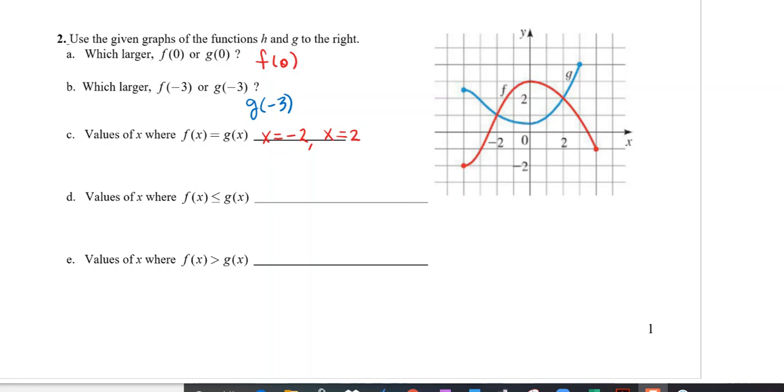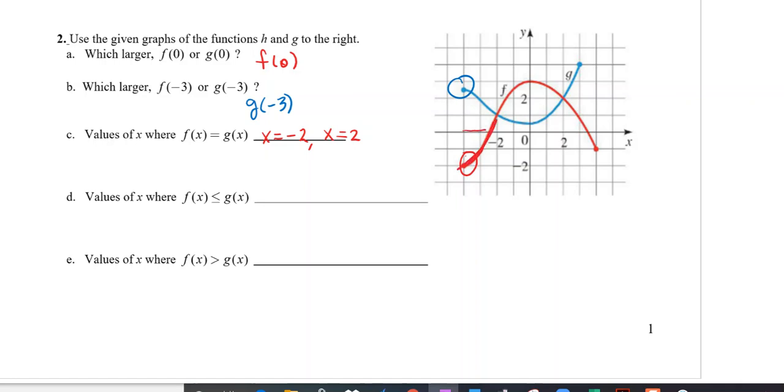Think about moving from left to right along the x-axis and comparing the y values, like when you're at -4. The y value for the blue graph is up here. The y value for the red graph is down here. So the blue graph is higher there, and at that point, f of x is less than g of x.